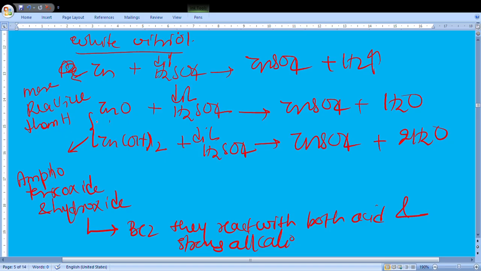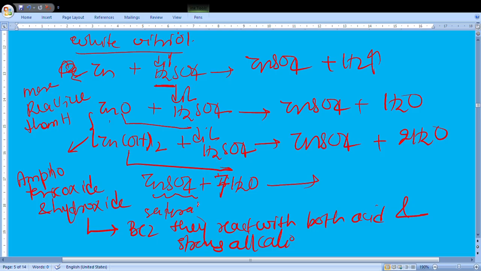See, two water molecules, one water molecule and hydrogen. And this ZnSO4, likewise CuSO4, will add 7 water molecules from the saturated solution to form ZnSO4.7H2O. White colored crystals will be formed, and this is called white vitriol.